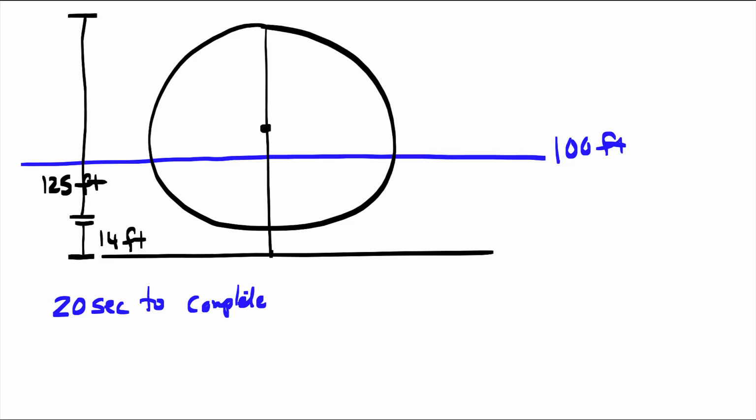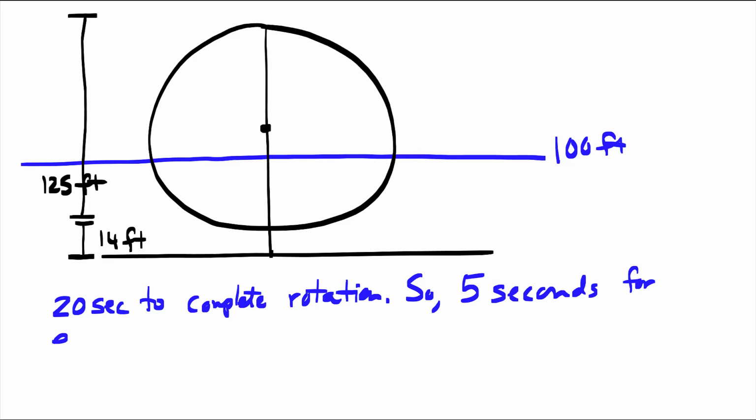Let me write this in since I'm starting to write anyways here. Rotation. So let's think about this here. If it takes 20 seconds to do a full rotation, that means it takes 5 seconds for every quadrant. Is that true?